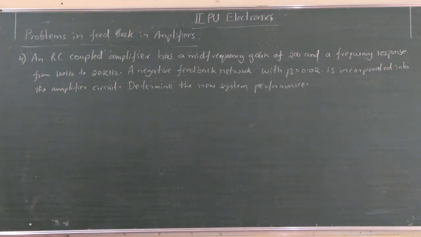A negative feedback network with beta equal to 0.02 is incorporated into the amplifier circuit. Determine the new system performance.